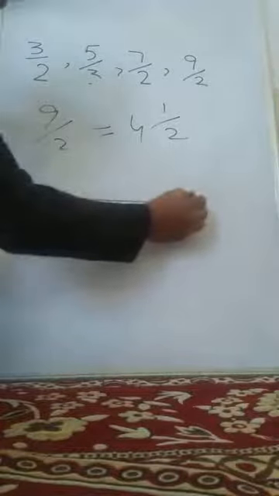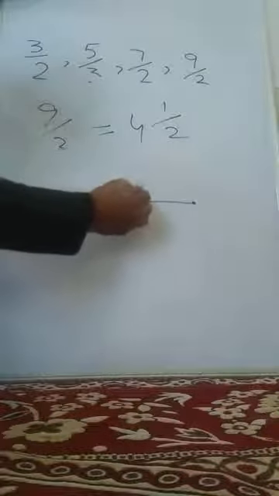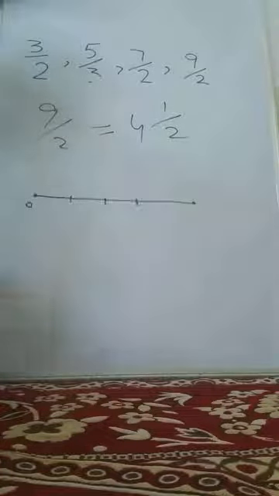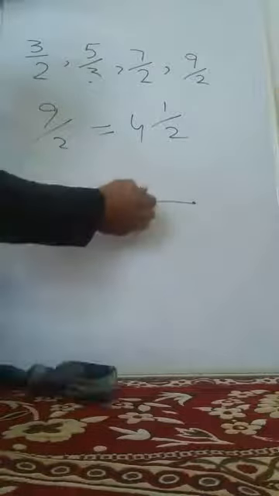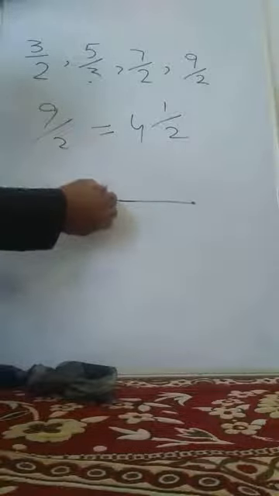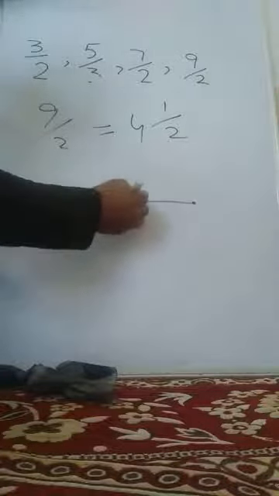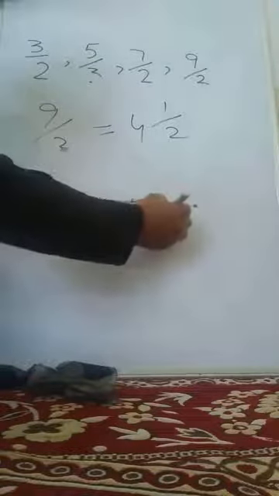Now represent 4 and 1 by 2 on a number line. This is 0, this is 1, this is 2, this is 3, this is 4, this is 5.